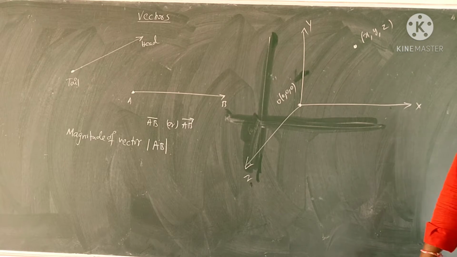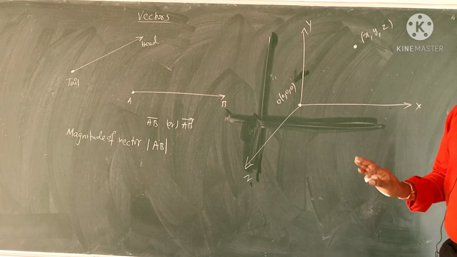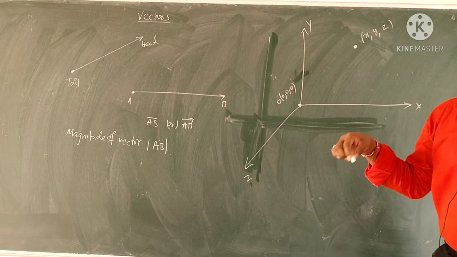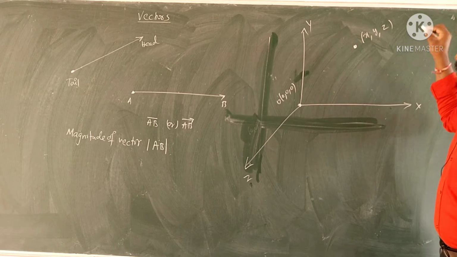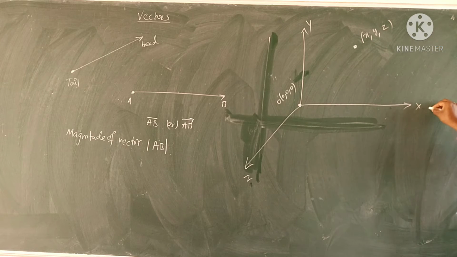You know unit vector? I explained unit vector. What is a unit vector? Vector A divided by the magnitude of A. Now here X, Y, Z is there. So, the unit vector along the x-axis is i cap, along the y-axis is j cap, and along z is k cap.